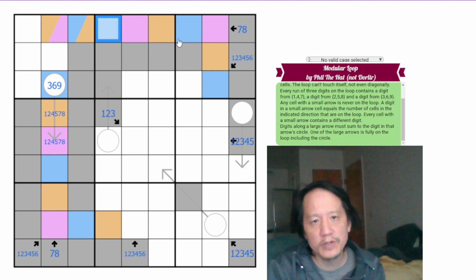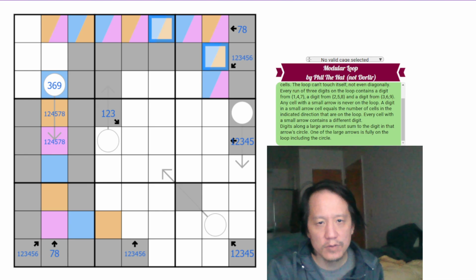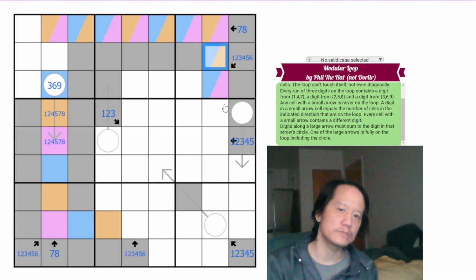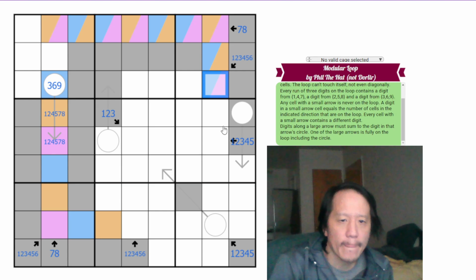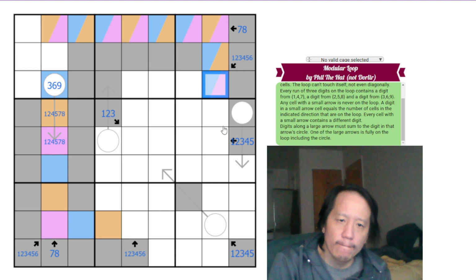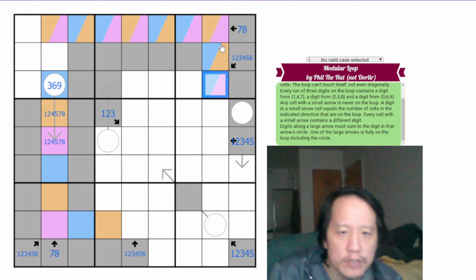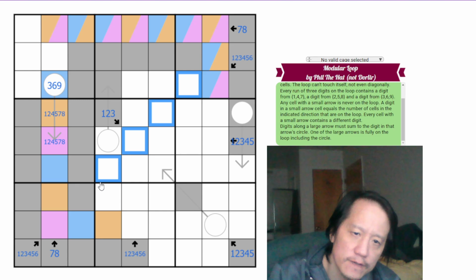And this would be pink. So then these would be pink. These would be orange. And then these would be blue. So we tried 6 going this way, and that doesn't seem to work.